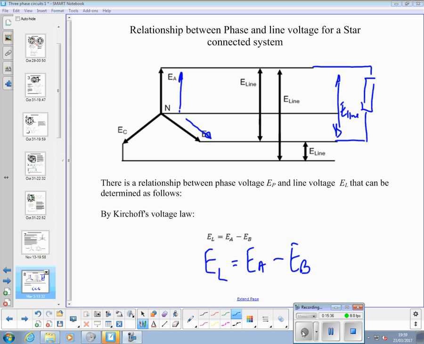That's just a quick reminder on Kirchhoff's voltage law. I always draw a little bit. I think I've got to get this right. Put that one that way.